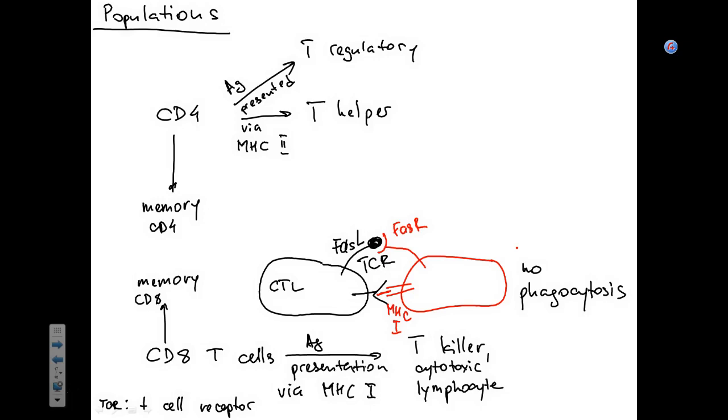pretty much. Another mechanism is the release of granzymes and perforins. So here are the perforins that form what? Pore holes, yes, pores. And then granzymes can enter the cell and induce apoptosis.